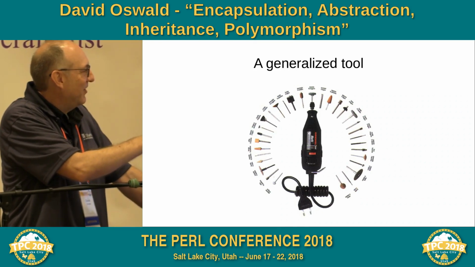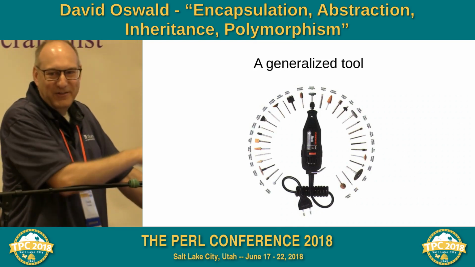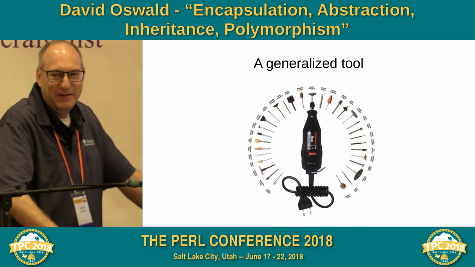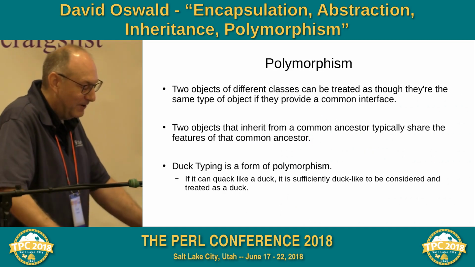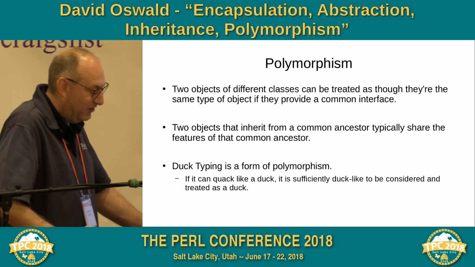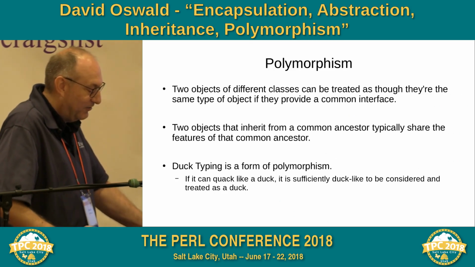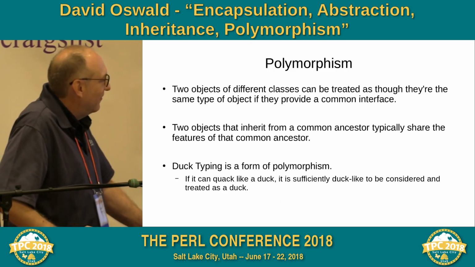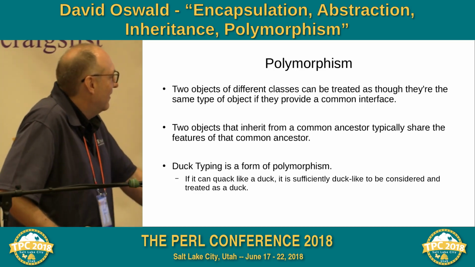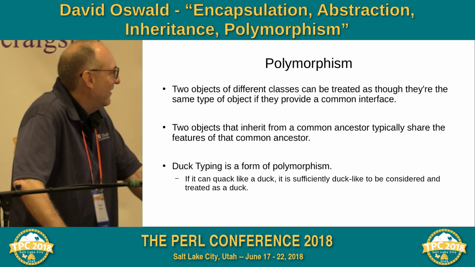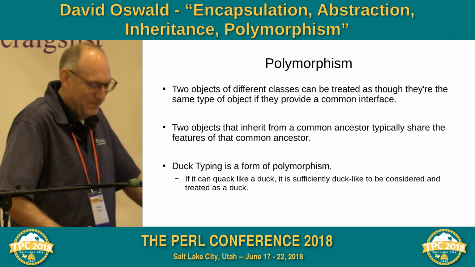They all have the same little thing that plugs into my generalized tool of the Dremel tool. So, two objects that inherit from a common ancestor typically share the features of that common ancestor. So duck typing is a form of polymorphism, and we use duck typing a lot in Perl. If it can quack like a duck, it's sufficiently duck-like to be considered and treated as a duck.